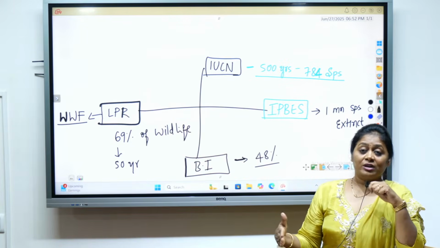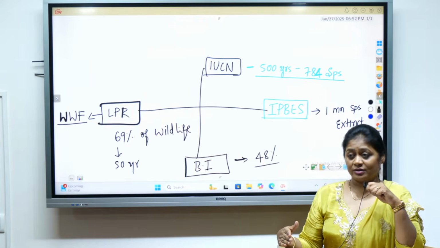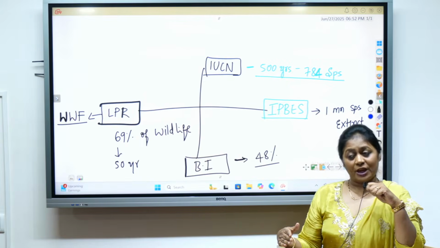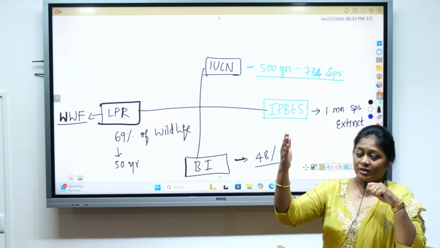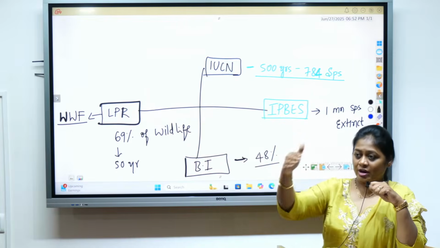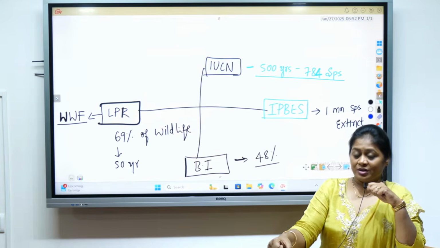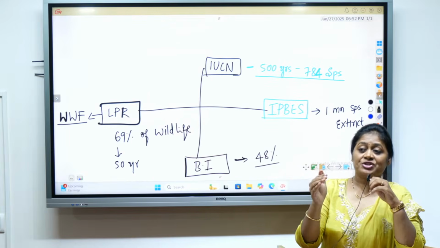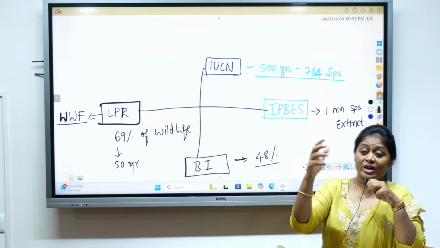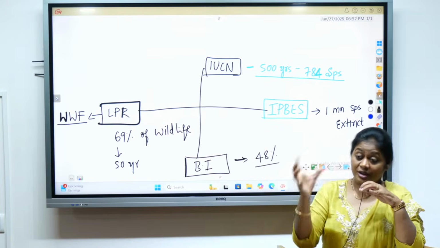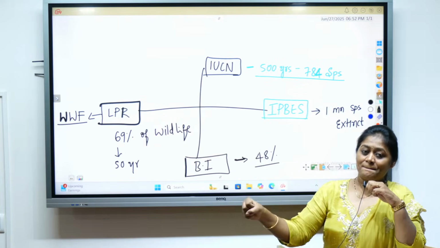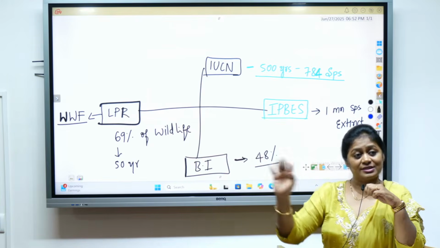And how many species are present on Earth? 8.75. So are there more land species or more marine species? Land species. So in that land species, which class contributes more diversity? Animals. In that animals, again, arthropoda, especially insects.